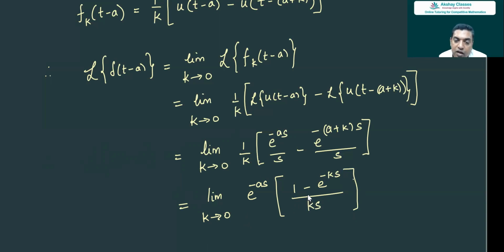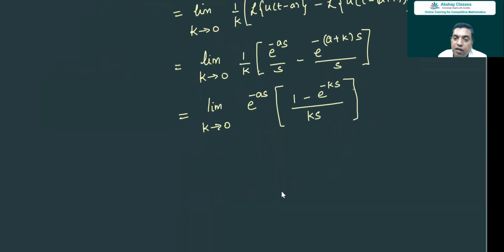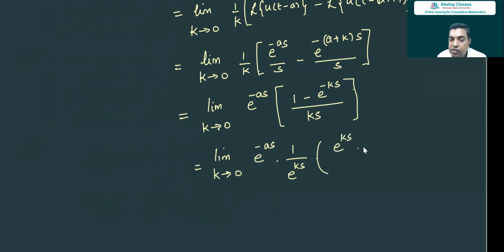So this is the limit k tending to 0 of e power minus as into 1 minus e power minus ks by ks, which is e power minus as into the standard limit, which is equal to 1.